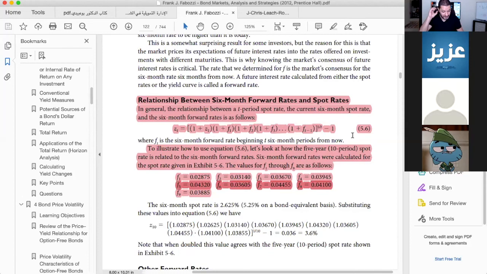So let's take a more concrete example. Let's look at how the 5-year spot rate, which is 10 periods, is related to the 6-month forward rates. The 6-month forward rates were calculated from the spot rates given in Exhibit 5.6. So the values for F1 through F9 are as follows, right?